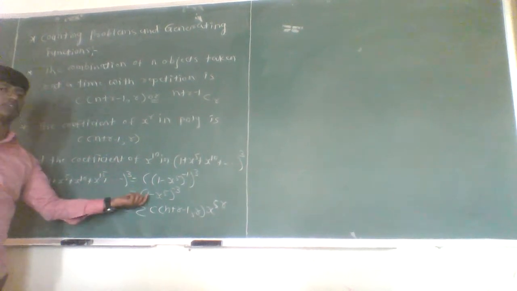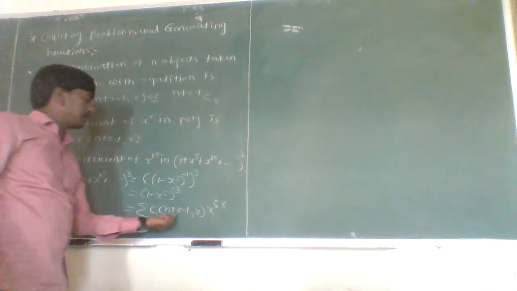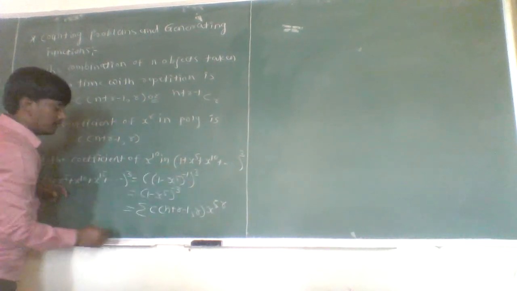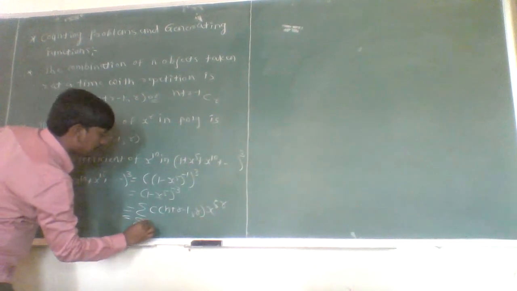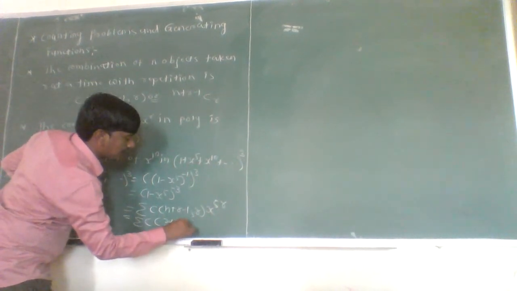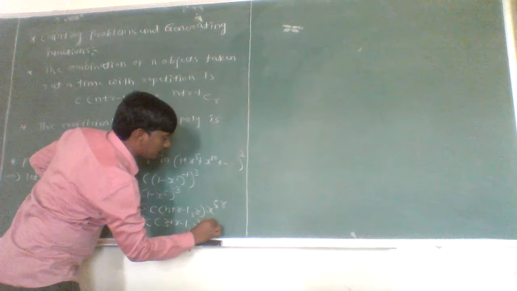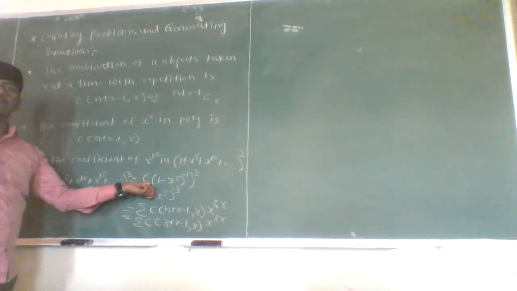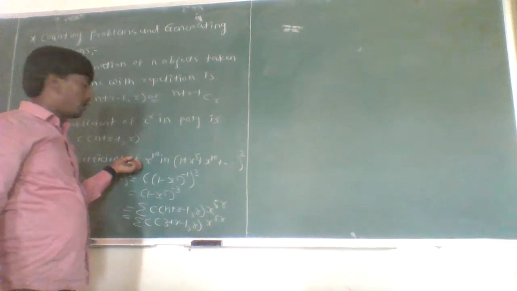Here n is 3, therefore it is summation C(3 plus r minus 1, r) x to the power 5r. So if we run r from 0 to infinity, then we get this given polynomial.